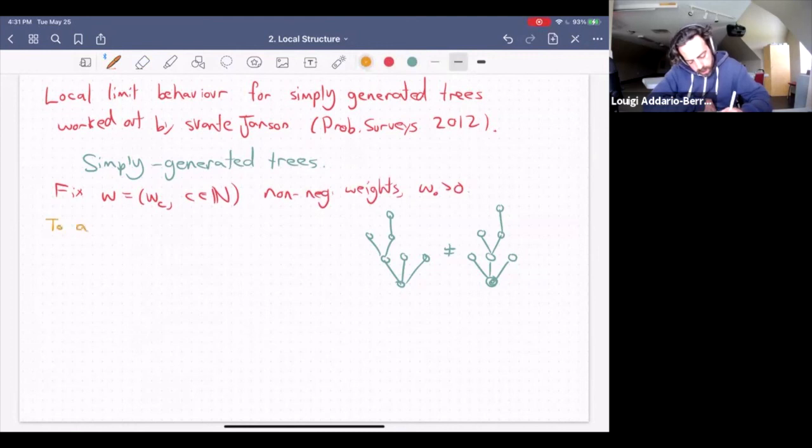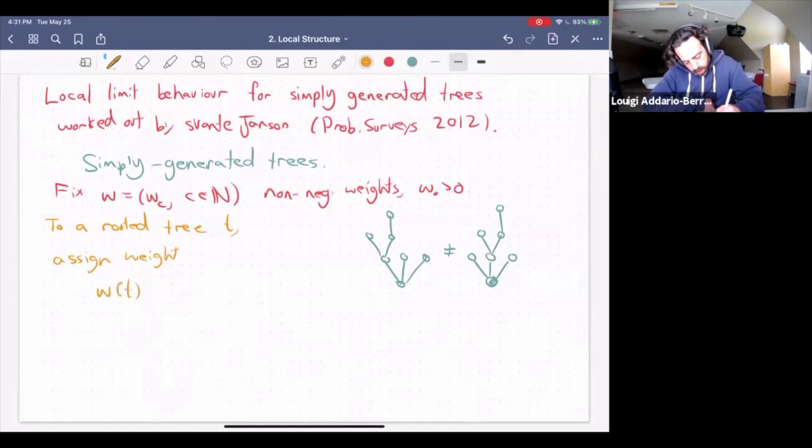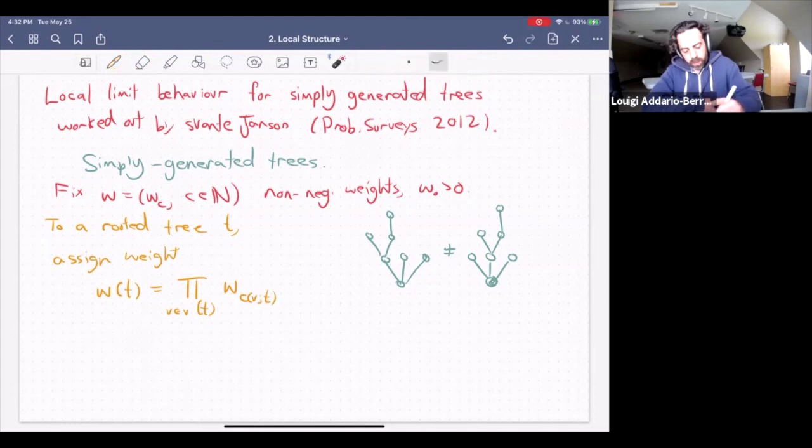Okay, and then to a rooted tree T, you assign a weight, which I'll call W(T), and it's just given by the product over vertices of the tree of the weight in the sequence that corresponds to the number of children of v in T. Okay, so if these weights are a probability distribution, then this really corresponds to a branching process. But the model is more general than branching processes.